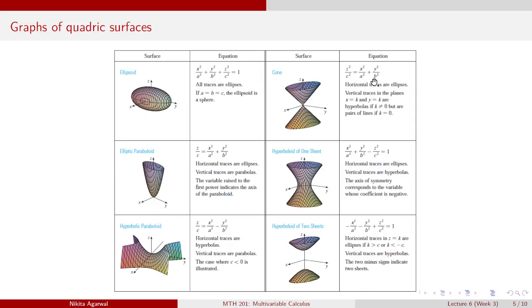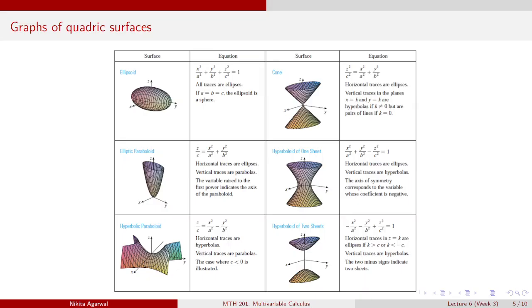That will give you a pair of lines. What are the pair of lines? z by c equal to plus minus y by b. Those are the lines that you get. So you get these lines, you get these ellipses, and you get hyperbolas, right? If you intersect a plane like this here, you get one piece this side and another piece this side, which is a hyperbola. So that's how you see it.